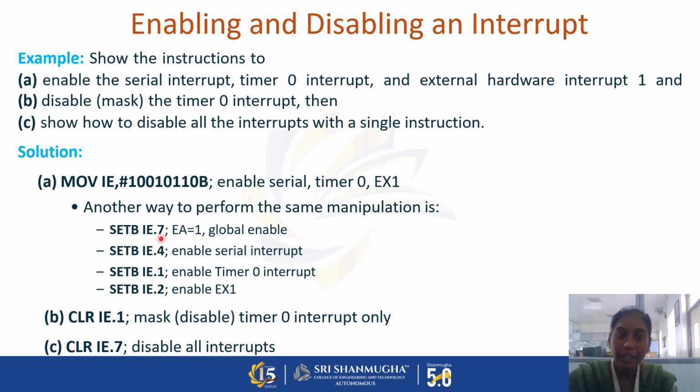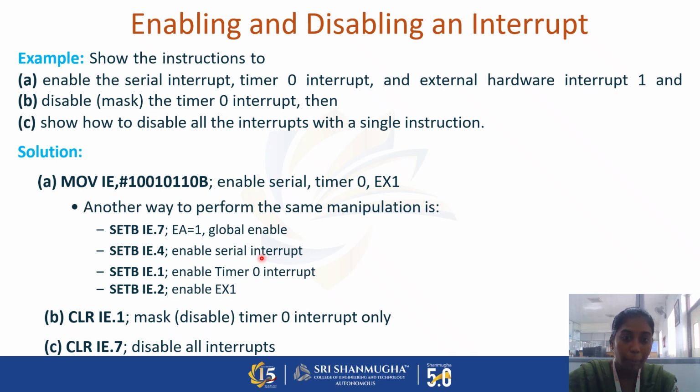SETB IE.7, that is EA equal to 1, means the global enable bit. The 7th bit is the global enable or disable. When we set the 7th bit, our global enable bit goes high, so we can service the interrupt signal.